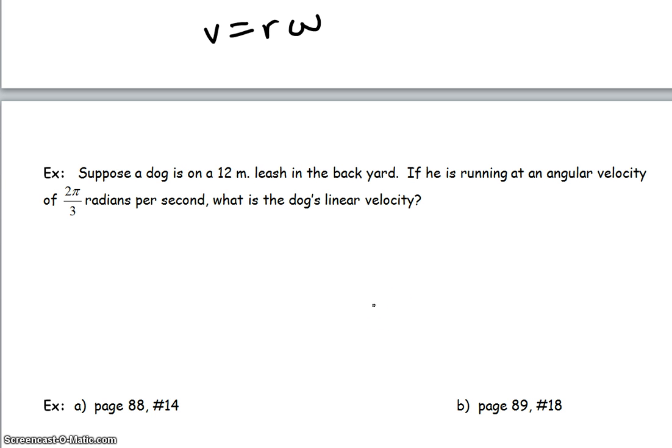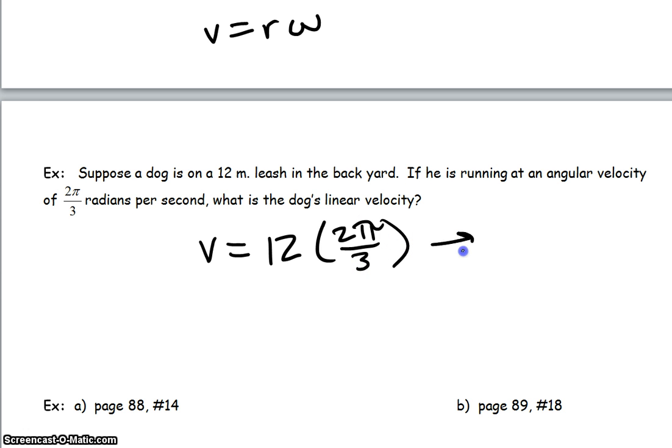Let's take a look at this one here. Suppose a dog is on a 12-meter leash in the backyard and he's running at an angular velocity of 2 pi over 3 radians per second. What's the dog's linear velocity? With a radius of 12 and an angular velocity of 2 pi over 3, if I multiply that together, I get 24 pi over 3, or 8 pi.